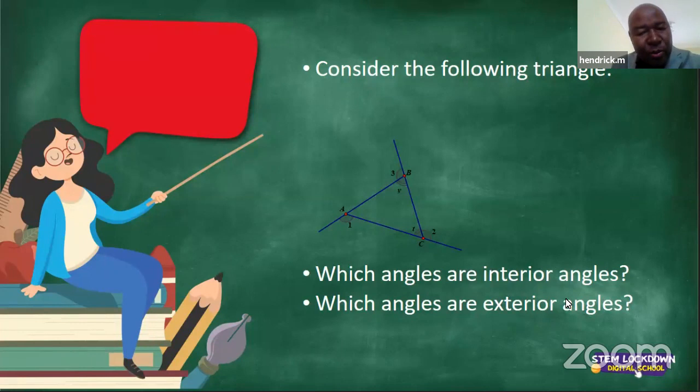Remember, when we talk about the interior angles, we are referring to all those angles which are inside the triangle and not outside. Now look at the diagram carefully. Which one is inside the triangle between Y and 1?